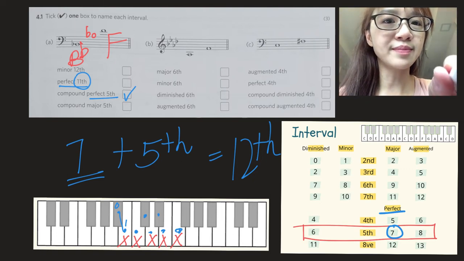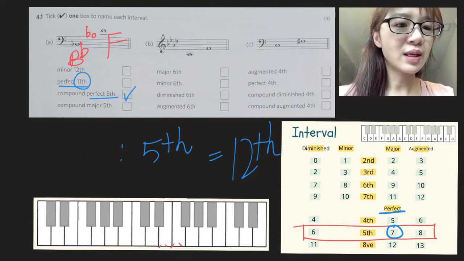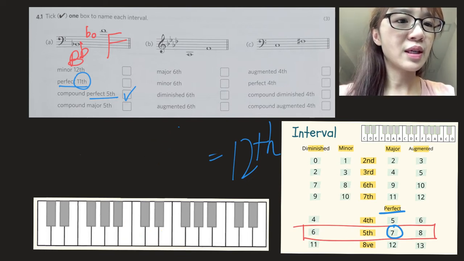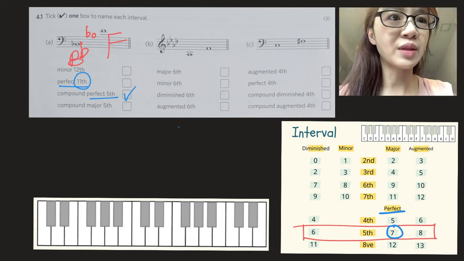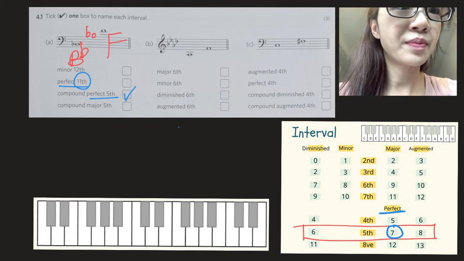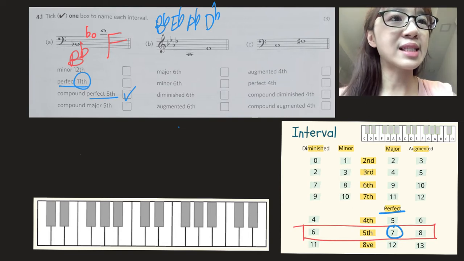The next question. Let's check it out. There are 4 flats, B, E, A, D. Let's write it down. B, E, A, D flat. Write down the letter name.